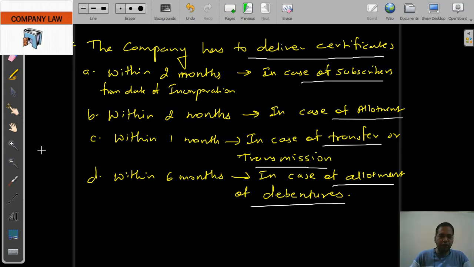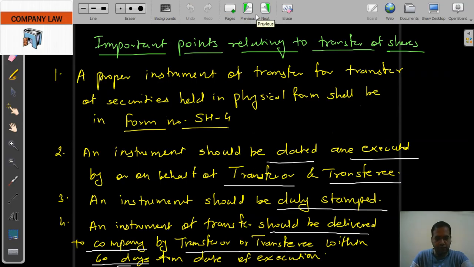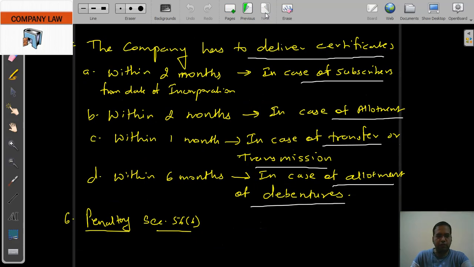Okay, so penalty is also given. Section 56(6) talks about the penalty. So let's talk about the penalty directly.